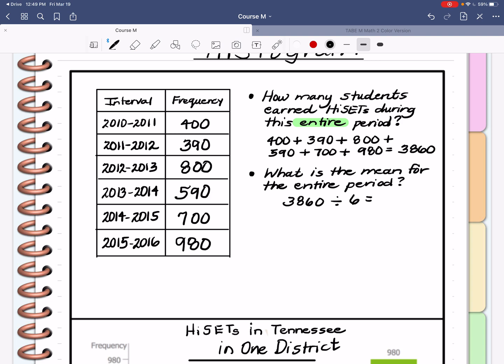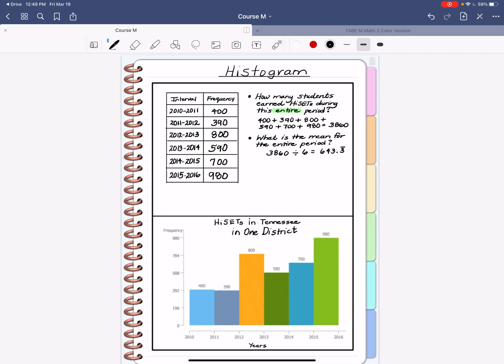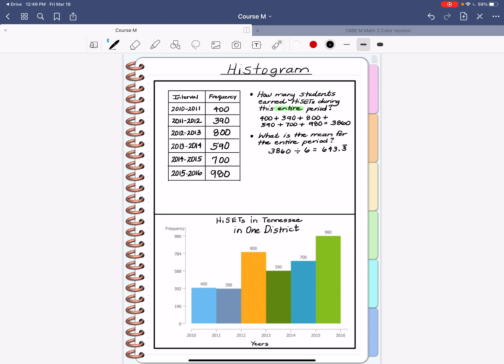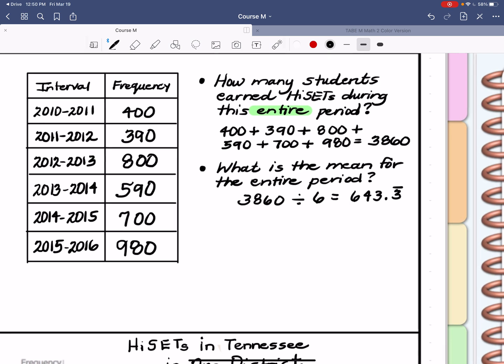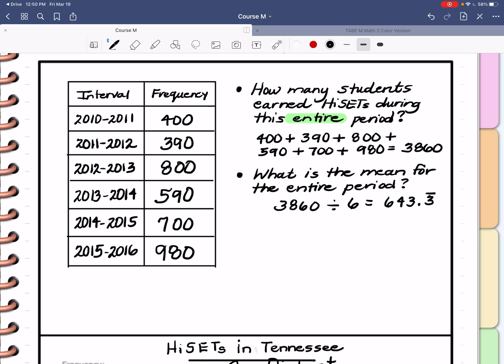So 3860 divided by 6 is 643.3 repeating. So I'm just going to leave it there. And you say, well, none of those bars is at 643. And that's true. But remember, a mean is not necessarily one of the bars. It's just the average. Some bars are higher, some bars are lower, but the average is about 643. So in any given year, I could expect about 643 high sets in this district.